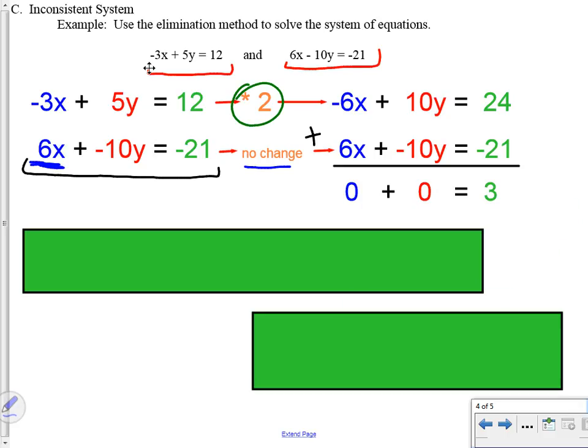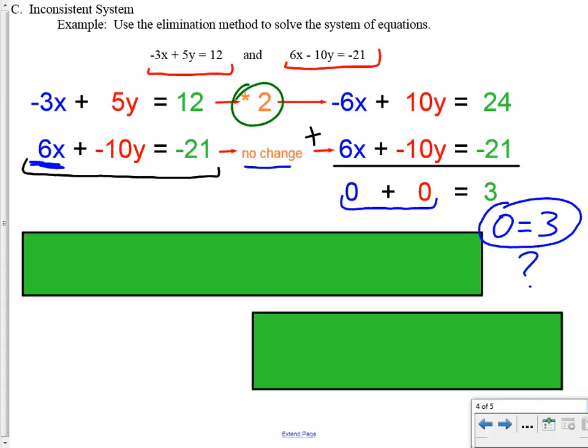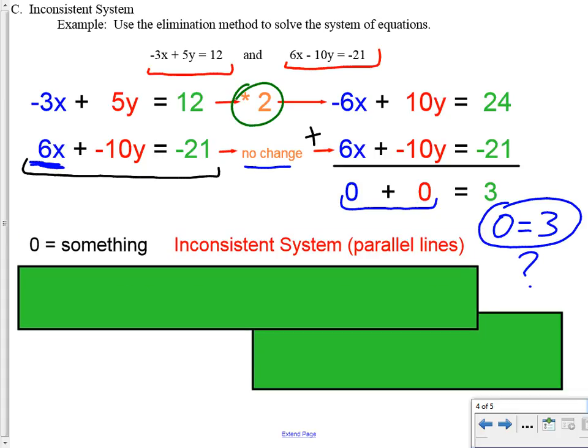Now in this case, if we were to simplify this side, we would have the equation 0 equals 3. Now, I don't think that's actually true. I'm pretty sure 0 doesn't actually equal 3. We solved for everything correctly, but our new equation has an untrue statement that 0 equals 3. Well, in any of these cases, if you get it to 0 equals something, that's going to be an inconsistent system.